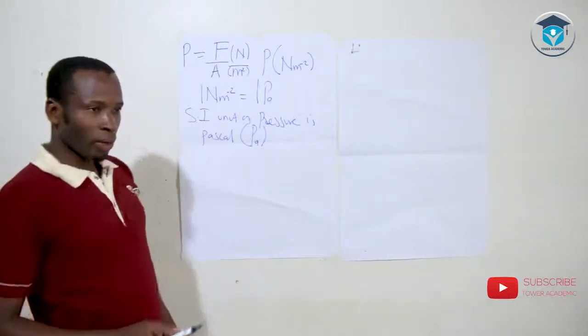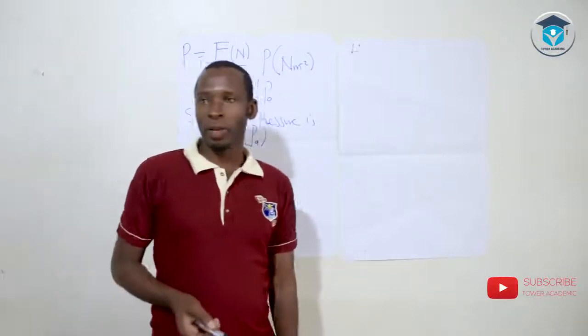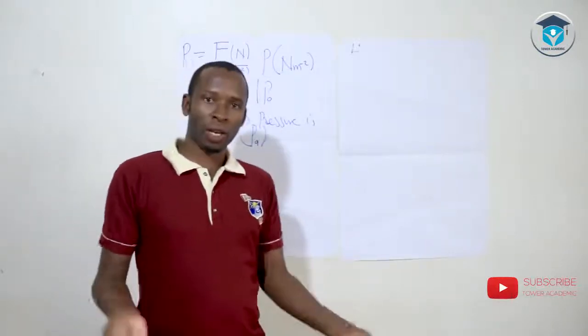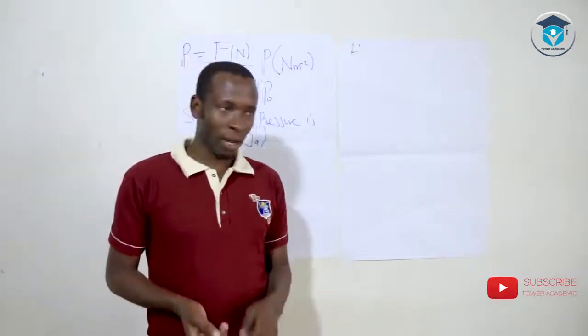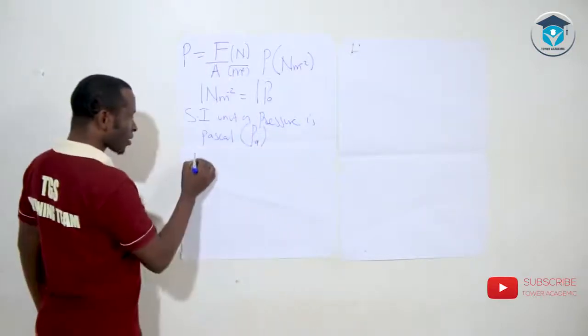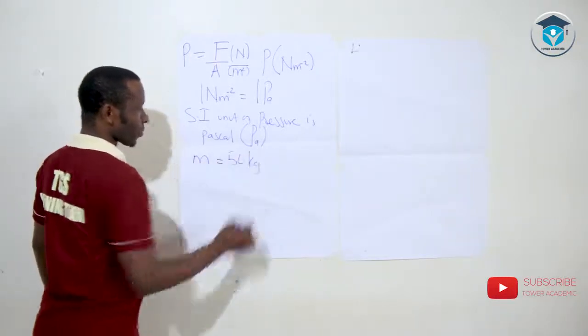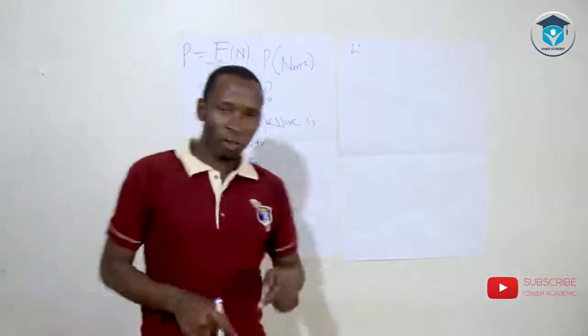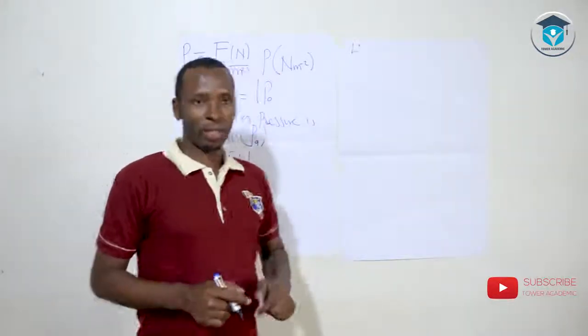For example, if they told you to calculate the pressure exerted by a body of mass maybe 50 kilograms with an area of 20 meters squared. If the mass is equal to 50 kilograms, what force does the body exert? The body exerts a force which is the weight.